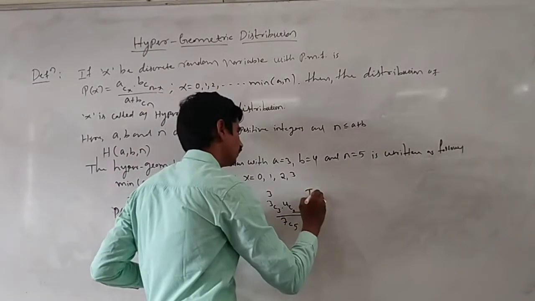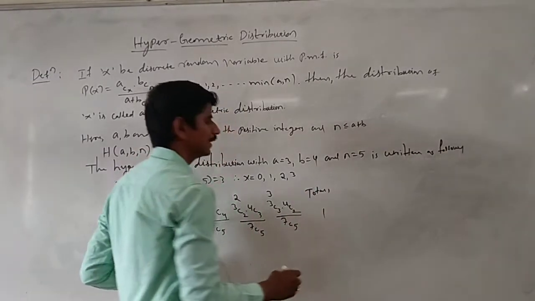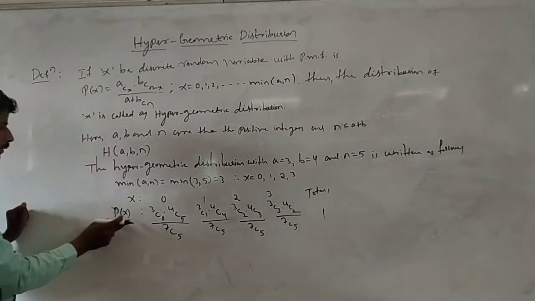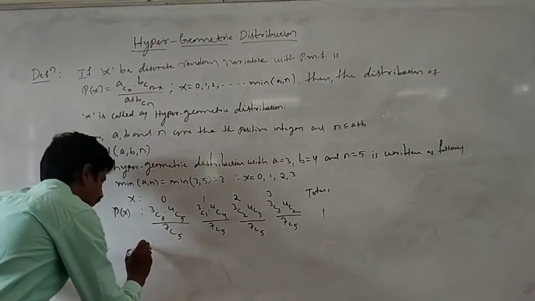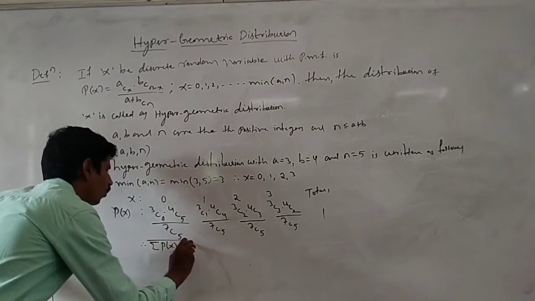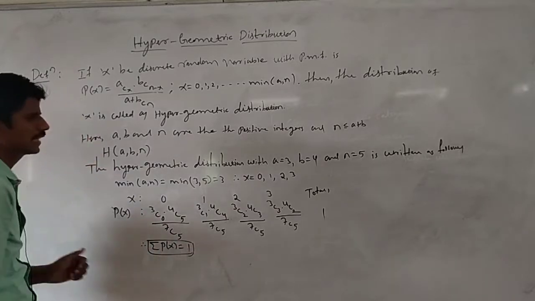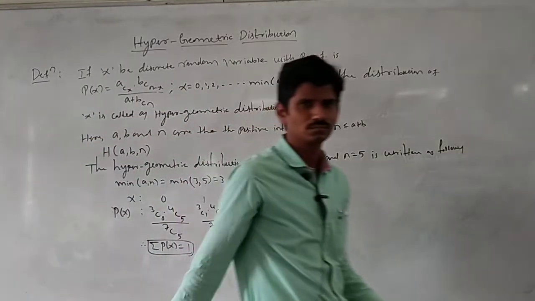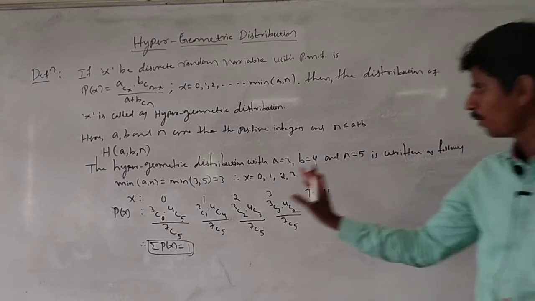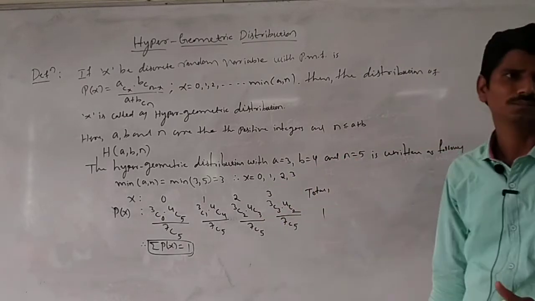The sum of the probabilities is always equal to 1. Therefore the sum of p of x is exactly 1.